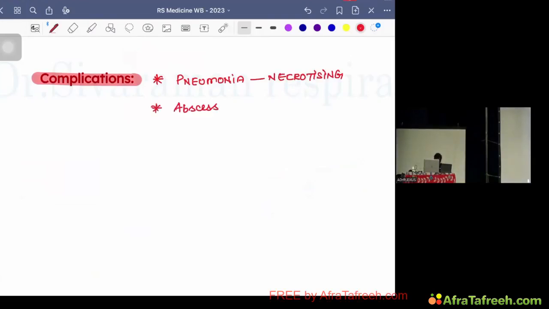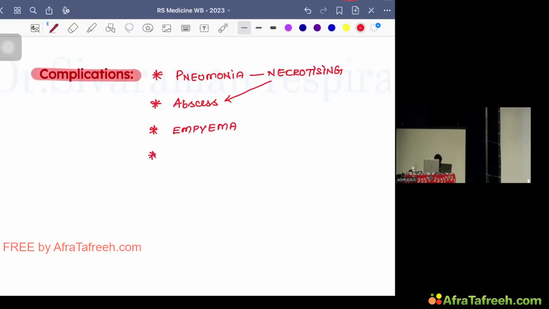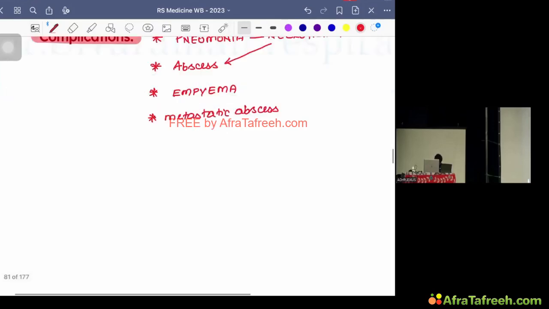Necrotizing pneumonia can lead to lung abscess, and this lung abscess can become an empyema. And these abscesses can go to different areas as metastatic abscess, and result in generalized septicemia.